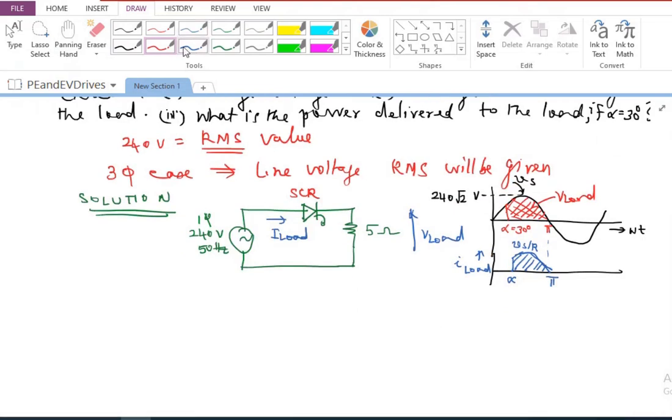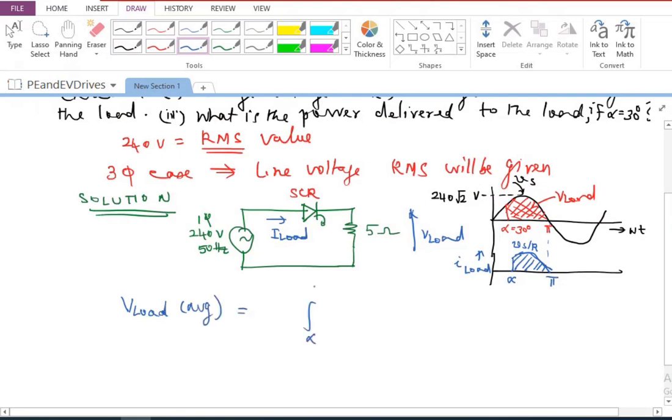So let us first of all derive this again. V load average is going to be starting from alpha and it will go until pi, Vm sine omega t d omega t, and it has to be averaged over 2 pi. Vm, the peak voltage, is 240 times root 2 volts.